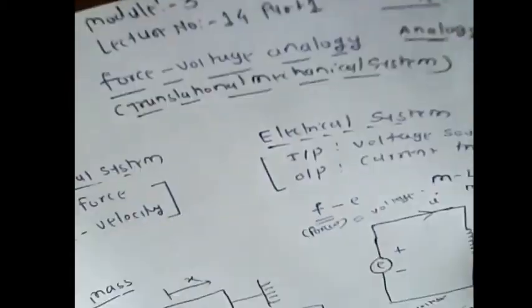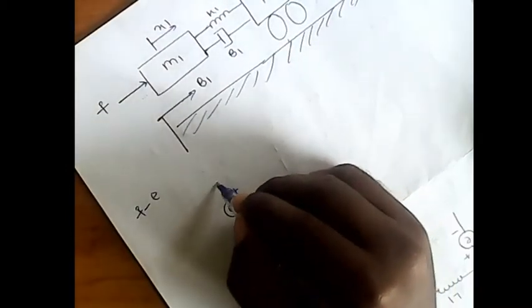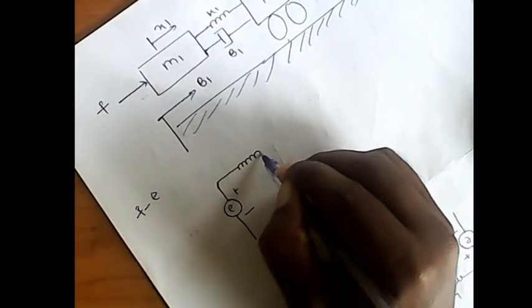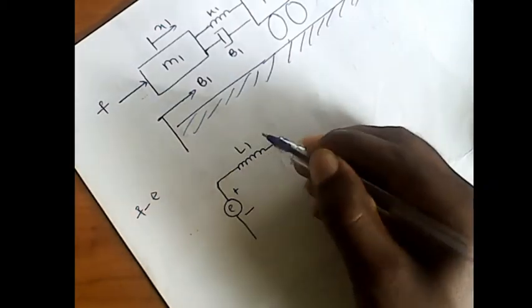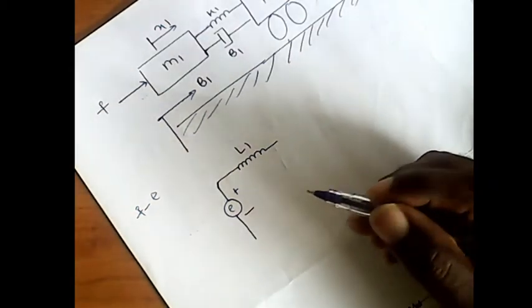Then when we have a mass, we observe that this mass will be mapped into an inductor. So we can draw one inductor in the electrical system and name it L1 for the mass.